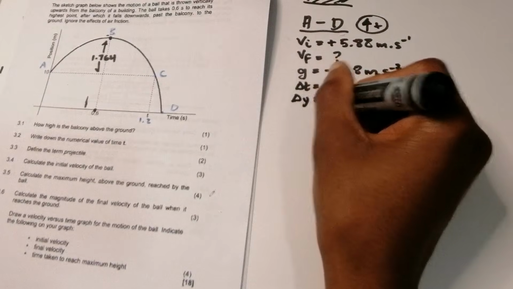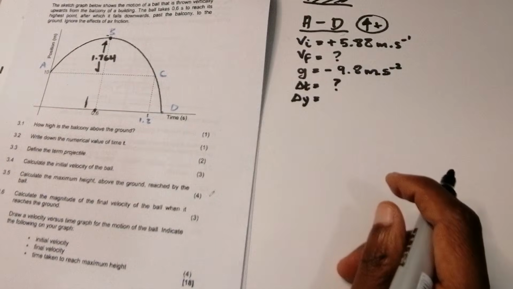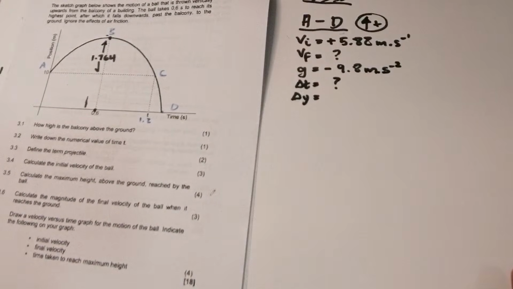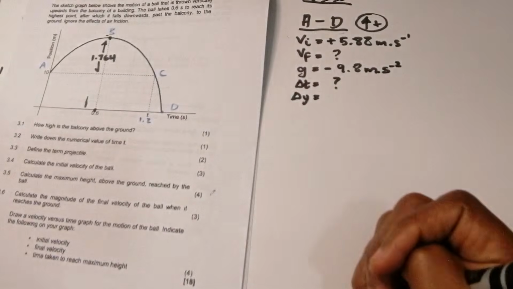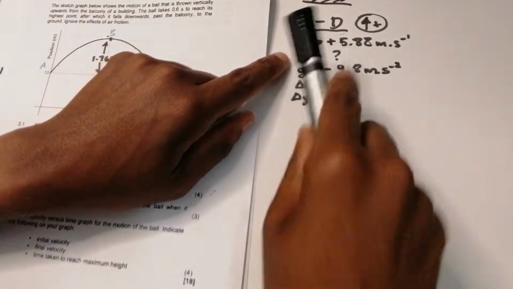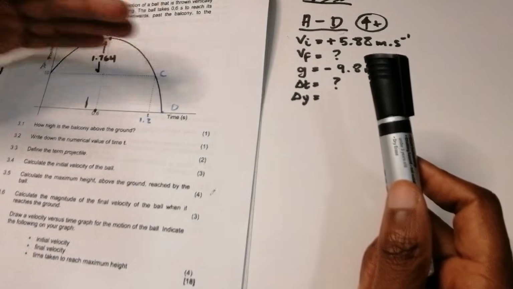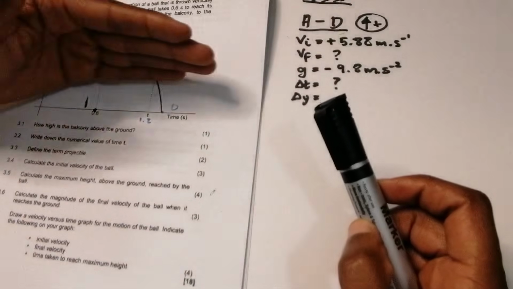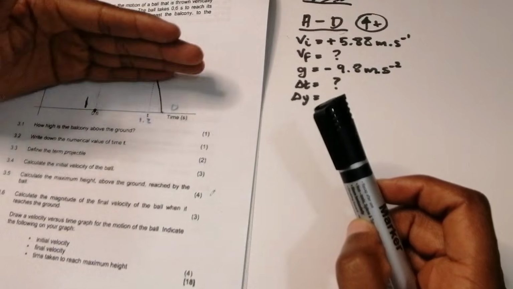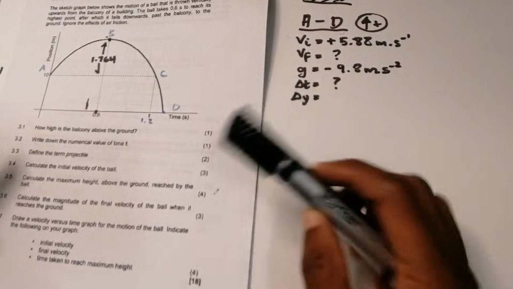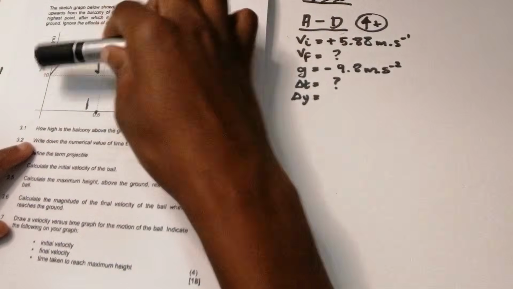But what is the displacement? Now, ladies and gents, if you noted from my previous videos on vertical projectile motion, I addressed this issue of displacement. We said, what is displacement? It's a straight line change in position from beginning to end point. So if my beginning is A, my end point is D. In a straight line, how far is it between those two points?